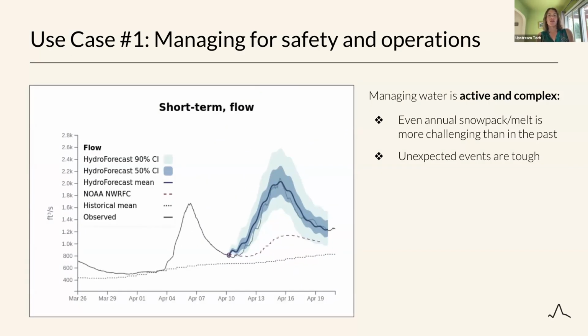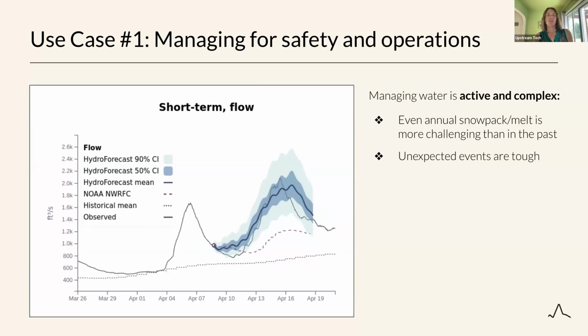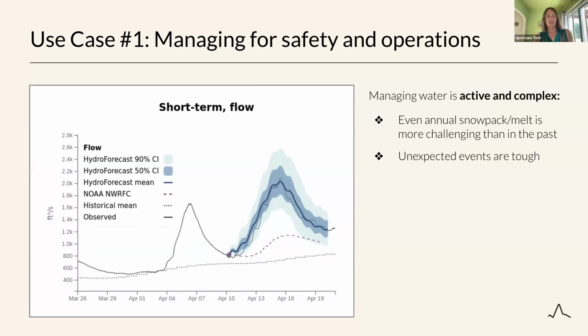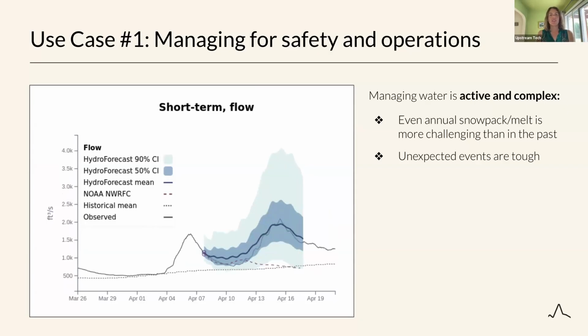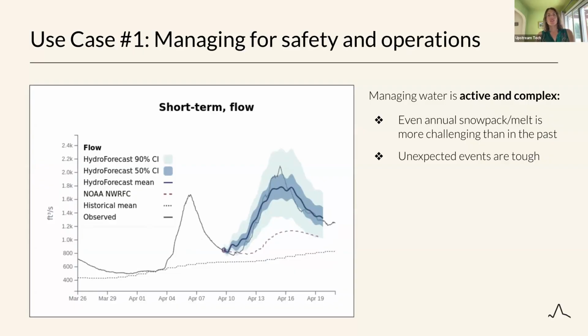It's a very complex problem to resolve. So one of our goals with HydroForecast is to help make that easier by having a more accurate forecast days ahead. Now, the snowmelt season, like I'm showing here in this little animation over the spring, is kind of a known forecast. You know something's going to come in.